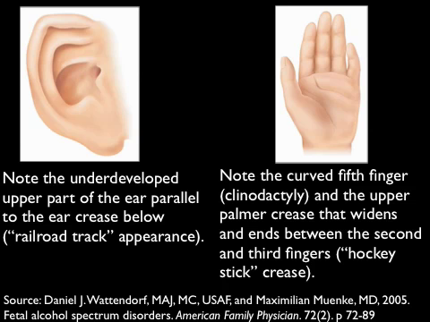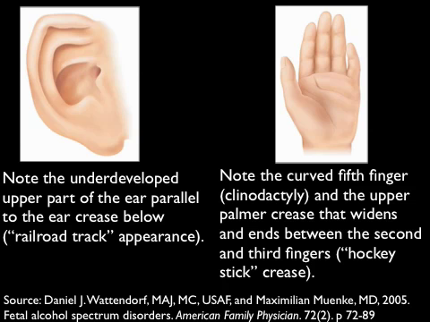Now, no one of these features by itself makes you fetal alcohol, okay? It is really a complicated differential diagnosis that really needs to be done by someone trained in it. But these are signs that you can look for that maybe will help you.